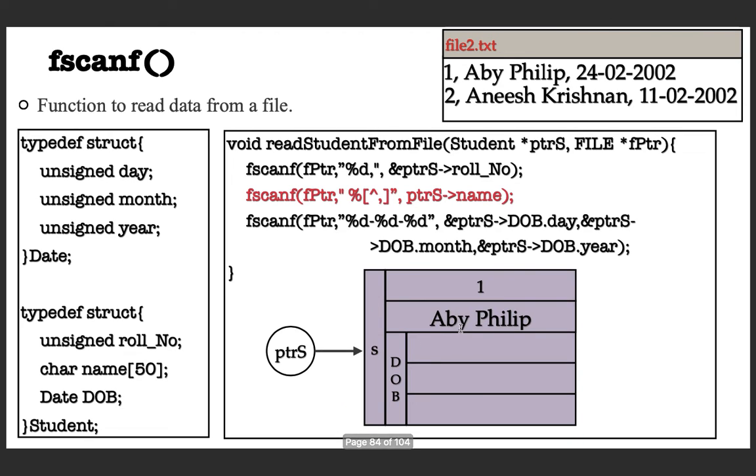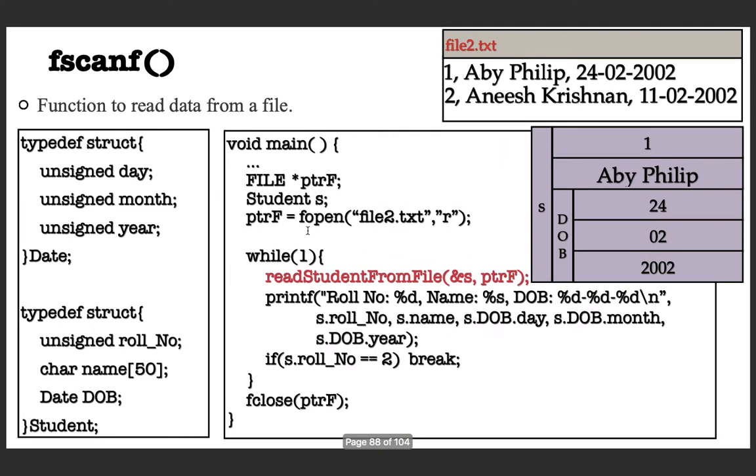If you read it, you will get it like this. Then next you are reading 24 into this field, 2 into this field, and 2002 into the last field by using this data separation. Okay, so here you are reading from the file, that is why the file handle is passed and fscanf is used instead of scanf. If you read, you will get this. You finish, then going back, note that whatever you read there is assigned into the structure variable of the main function.